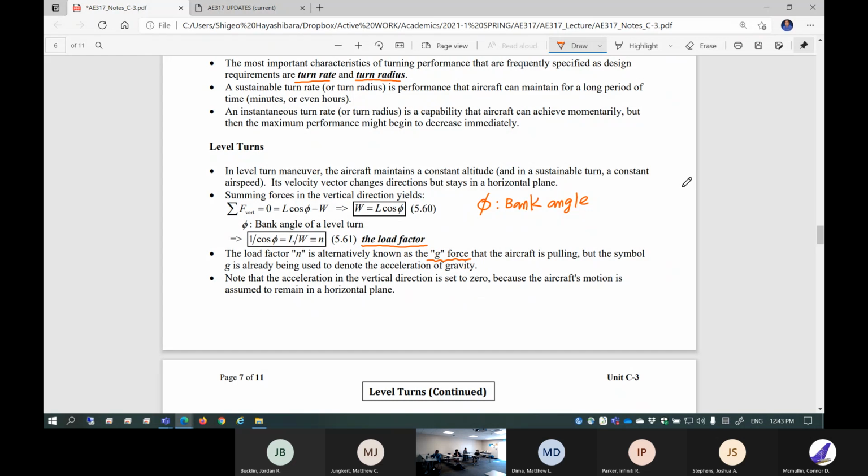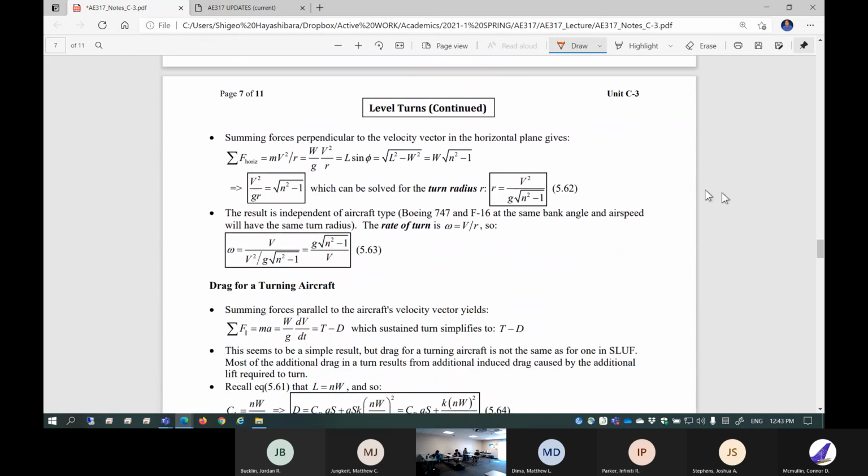All right, so anyways. Out of the summation of force in the horizontal direction, obviously this is F equals MA in the normal direction. So what kind of acceleration is this? This is centripetal acceleration from dynamics. Sure. So from here, you can determine the turn radius equation. Turn radius is a function of gravity and also load factor.